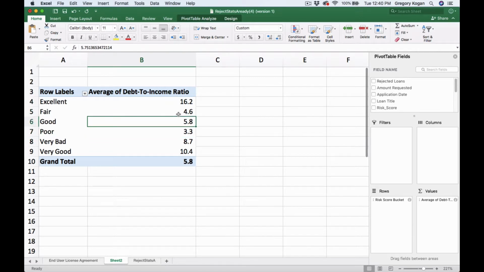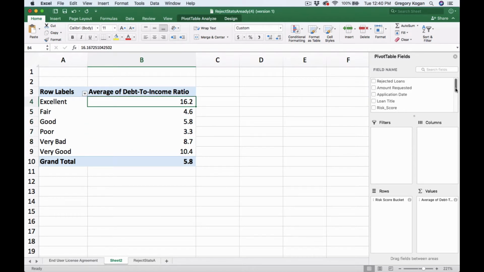Of course, because their incomes are lower, their access to debt is very much lower, with poor having no access to credit, very bad having a little bit more, and this one is surprising, that good actually has very little compared to excellent. So that's interesting.